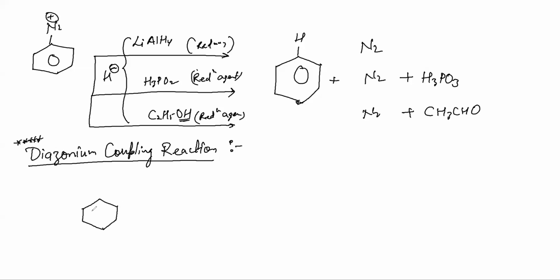I hope you understand that this N2 plus structure is somewhat like this. Now, can you tell me which nitrogen is more electron deficient here? First, left or right? Right, sir.